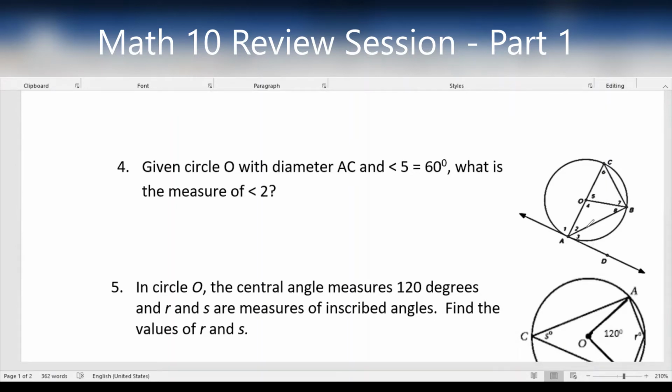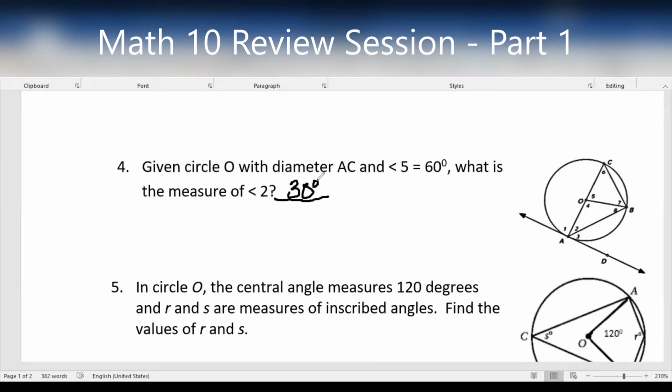Therefore, angle 2 is equal to 60. Is angle 2 equal to 60 or 30? What is the measure of angle 2? 60 or 30? 30.